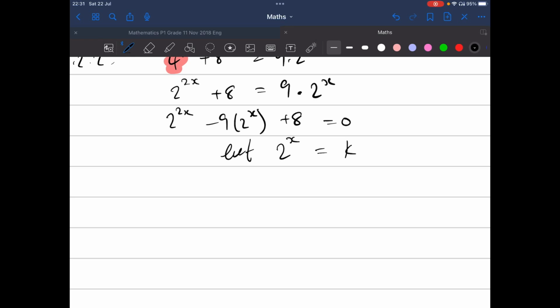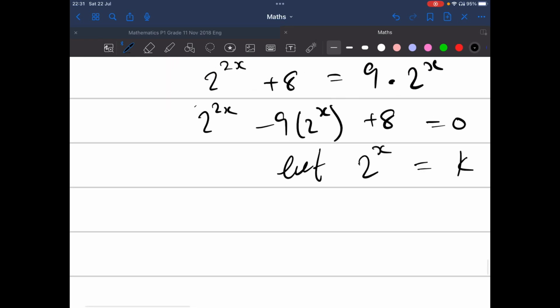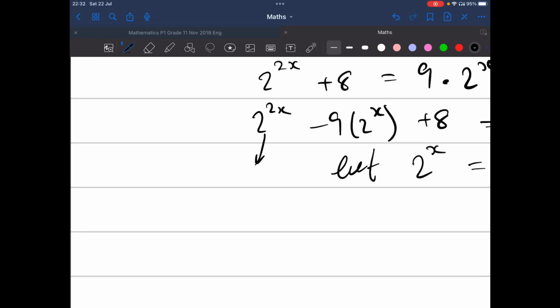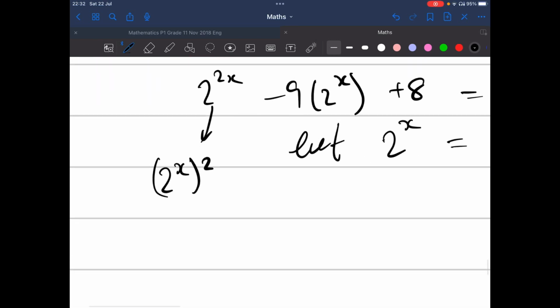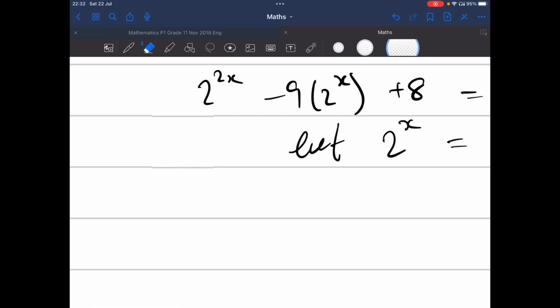Okay, and the reason we're doing that is because remember this here can be written as 2 to the power of x times 2, right? So it's basically 2 to the x squared. Okay, so just keep that in mind.